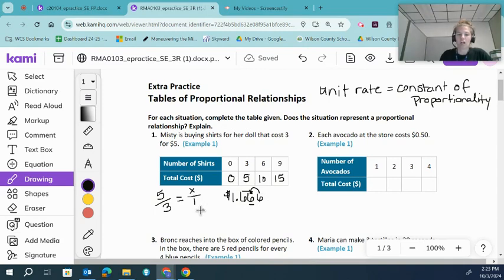So our constant of proportionality for this one is going to be $1.67 per shirt. This is our unit rate and our constant of proportionality, which would fall on our table. If we were to add 1 here to the table, we would have 1.67 there.